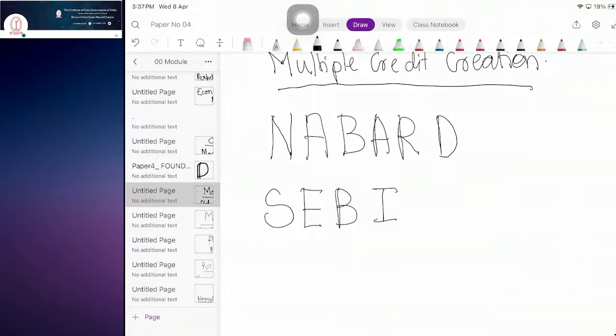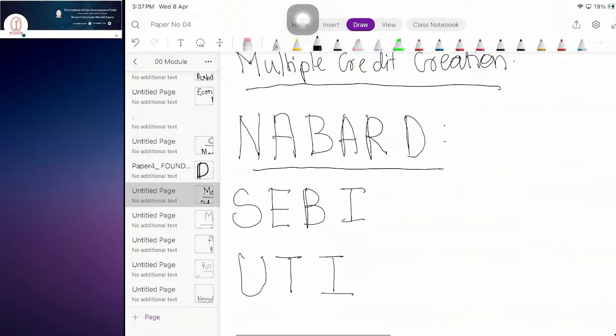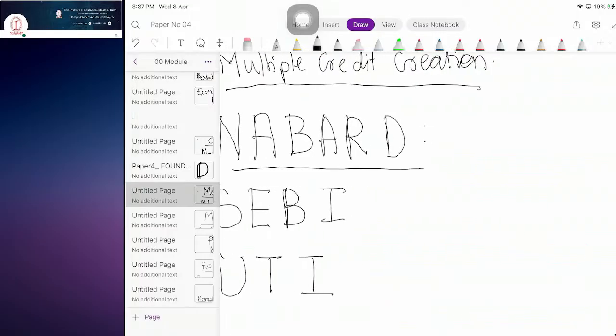What does NABARD stand for? Very good. Please write this. This is important. It is the National Bank for Agricultural and Rural Development.